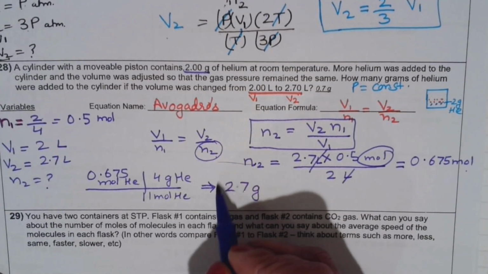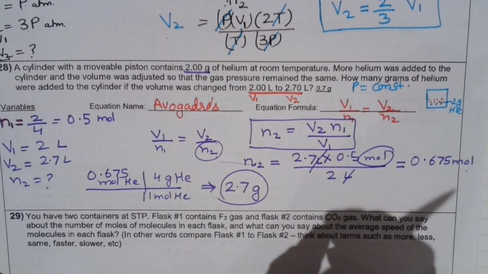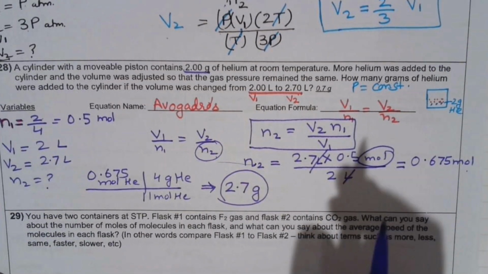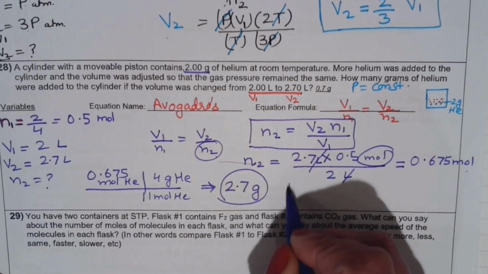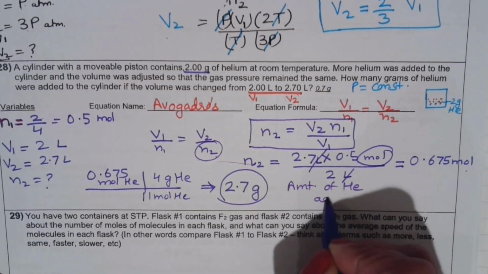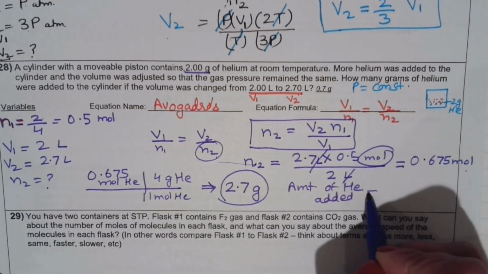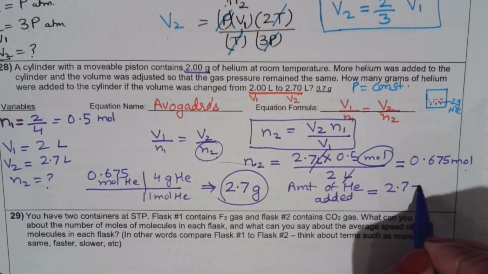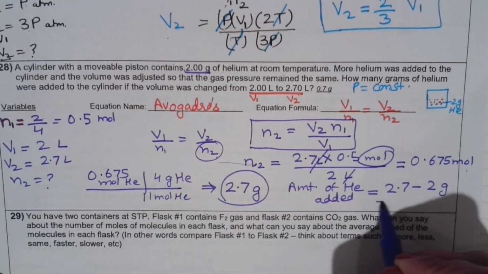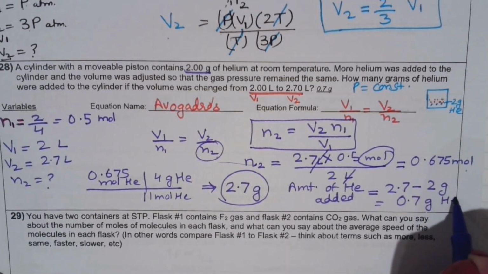Right? Now this is the total amount after some helium was added. In the beginning we had only 2 grams, right? So the amount of helium added to the cylinder was 2.7 minus 2 grams. This is the amount that we had initially, right? So the answer would be 0.7 grams of helium was added.